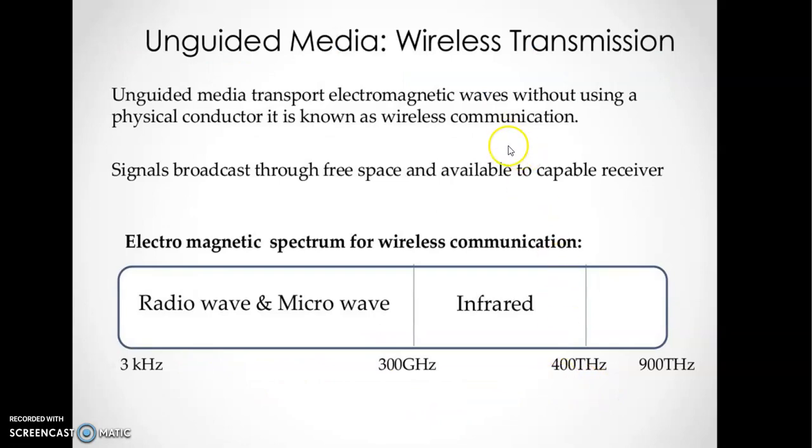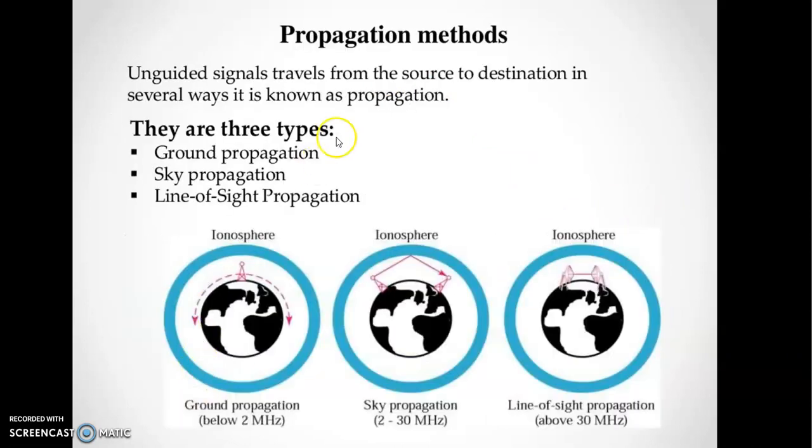Now next is unguided media, that is wireless media. Unguided media transport electromagnetic waves without using a physical conductor, known as wireless communication. Signals are broadcast through free space and available to any capable receiver. Unguided signals travel from a source to destination in several ways, known as propagation: ground propagation, sky propagation, line of sight propagation.